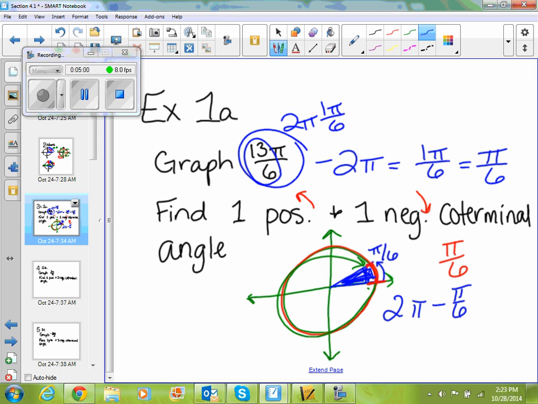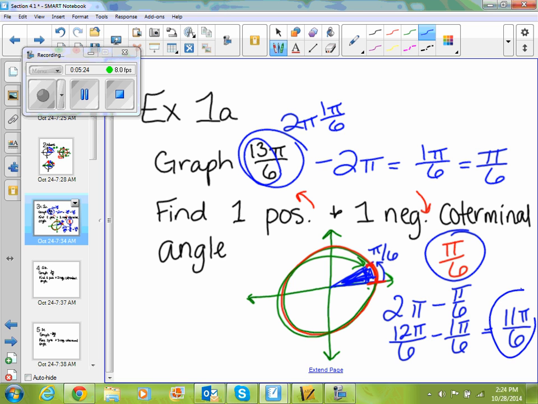I know that 2 pi is the same thing as 12 pi over 6 if I get common denominators. If I subtract 1 pi over 6 from that, my negative angle is going to be 11 pi over 6. So you go counterclockwise in your positive direction and you get that angle. If we go clockwise, then we get this angle.